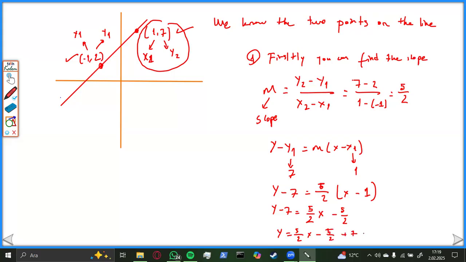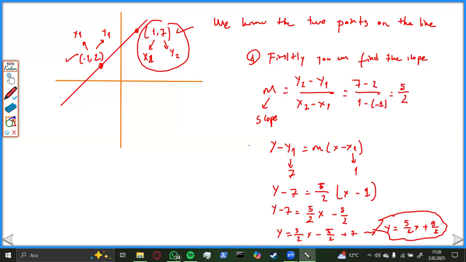As you can realize, our final solution again is y equals 5 over 2x plus 9 over 2. We have already found the same solution. There is no difference between them.